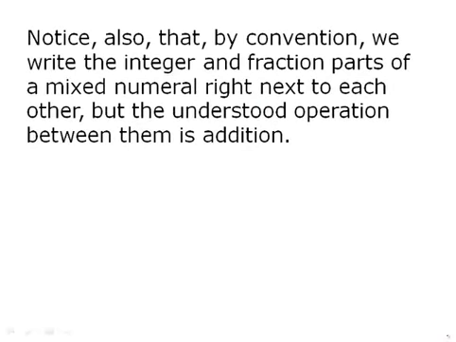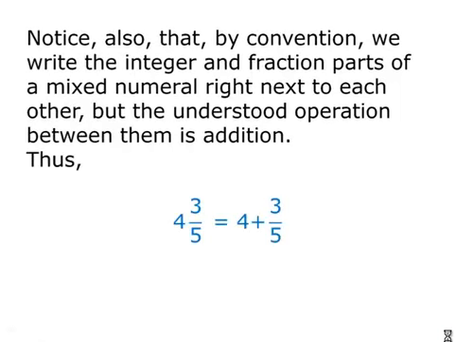Also notice that by convention, we write the integer and the fraction parts of a mixed numeral right next to each other, but the understood operation between them is addition. So when we write 4 3/5, what we actually mean, we don't have to write it, but what that actually means is 4 plus 3/5.